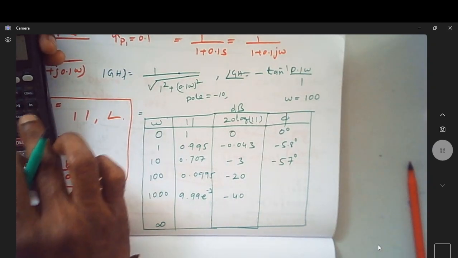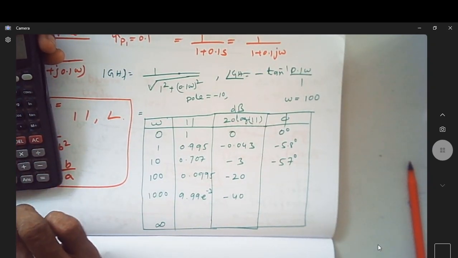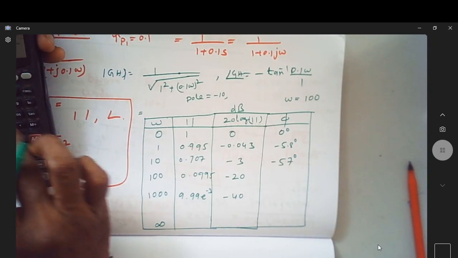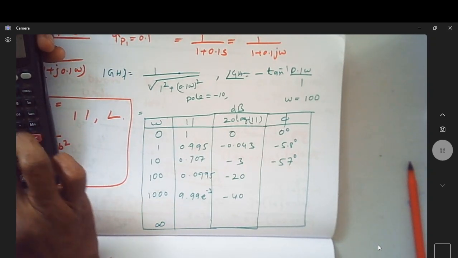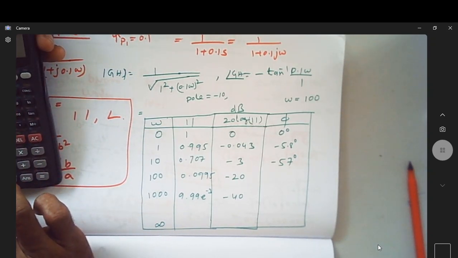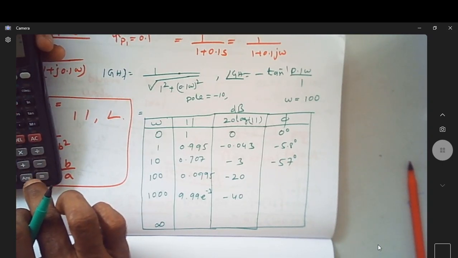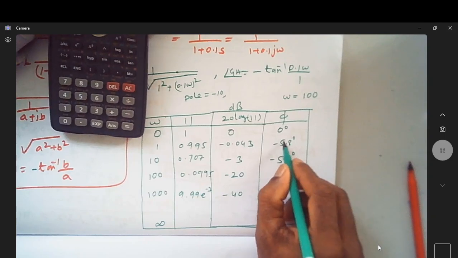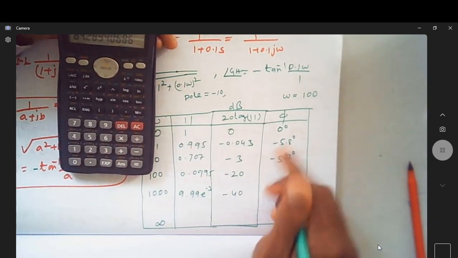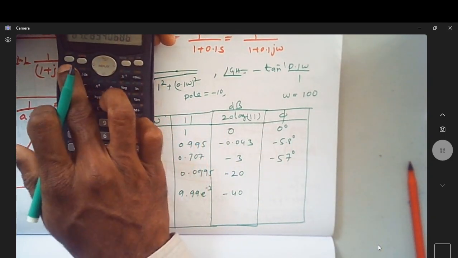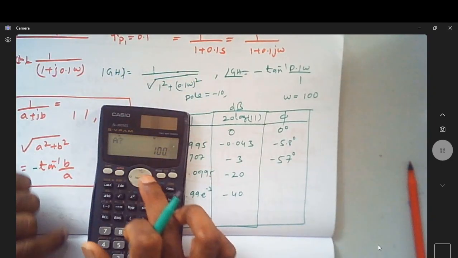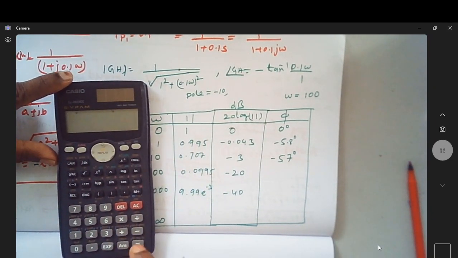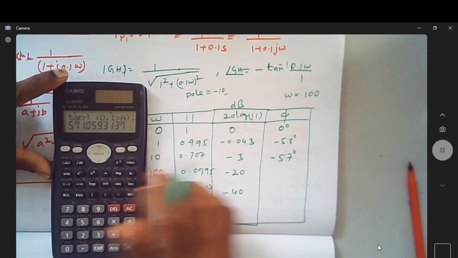Tan inverse of 0.1 into alpha a, close the parenthesis, calculate for 100. One second, let me just do it again. I have edited it like this. So for omega is equal to 1, it's 5.7.